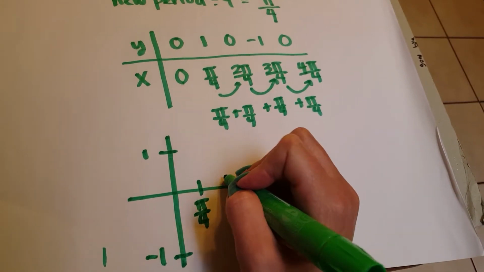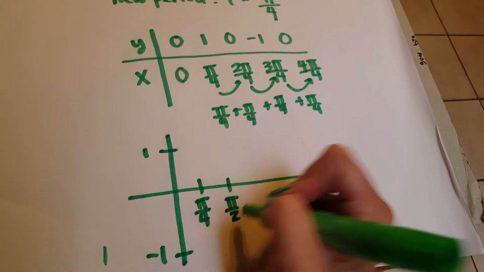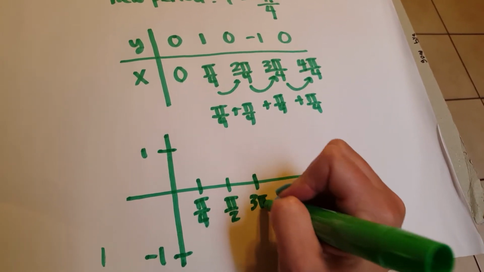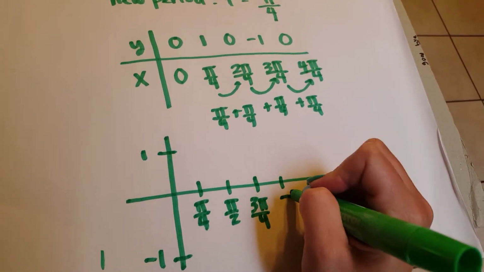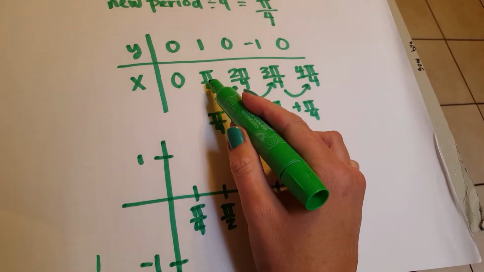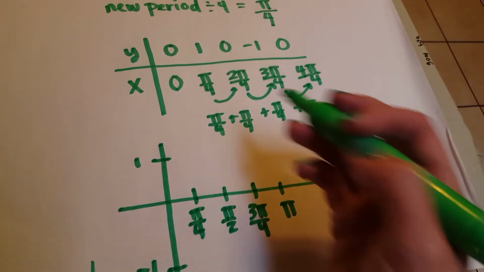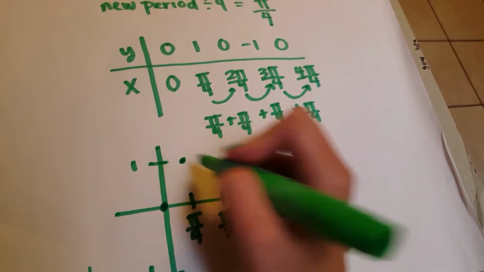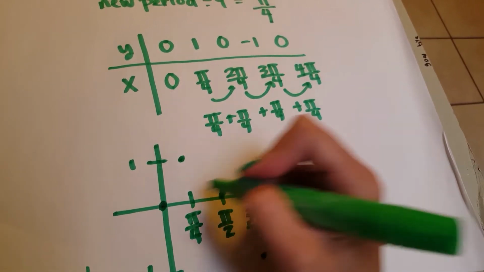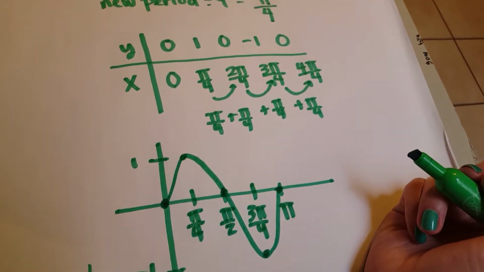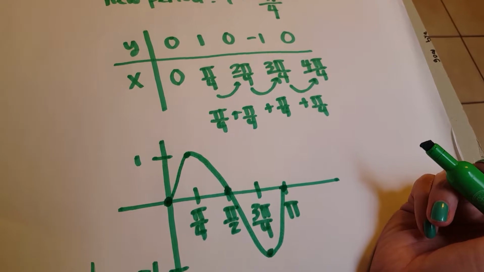So there's pi fourths, there's 2 pi fourths or pi halves, 3 pi fourths, and pi. So my 4 cuts, 5 points happen right here. And now I plot those y values and connect the dots. So there's an example of one whose period was shortened.